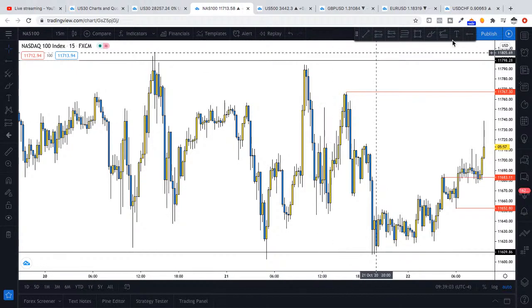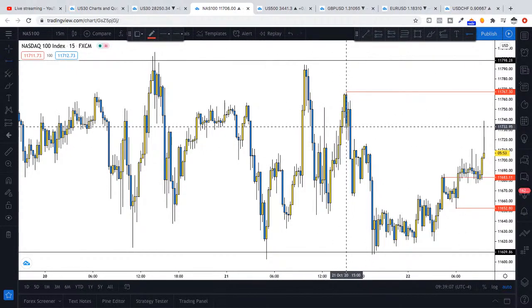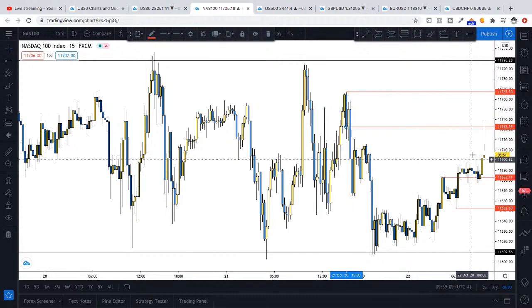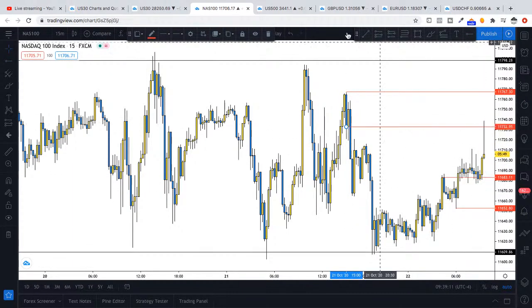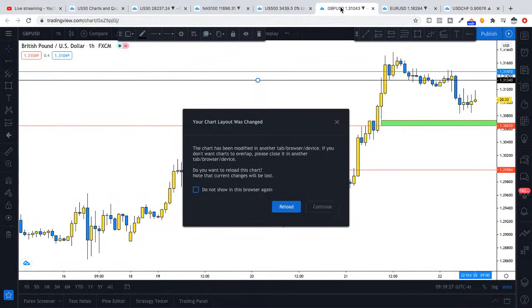I would have gotten short, but I'm not on my MT4 right now because it looks like, let's see, this is very interesting. Alright, so that's my markups for the day.